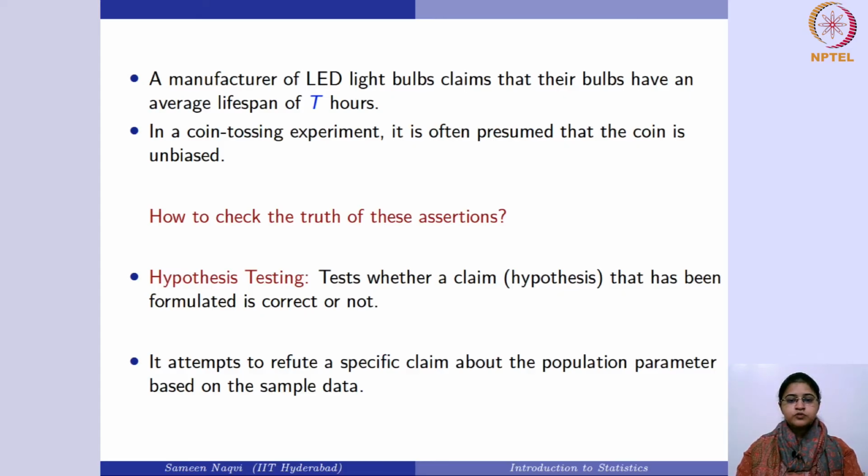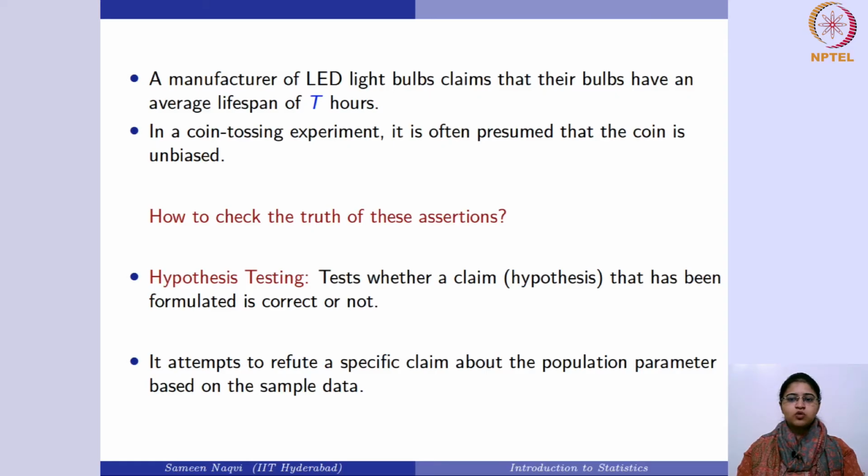So whatever you do in hypothesis testing is based upon the sample that you have collected. In estimation, in point estimation, if you recall, we were interested in a population parameter. There was no claim about the parameter, right? If you think of the same bulb experiment for estimation purposes, what will happen?